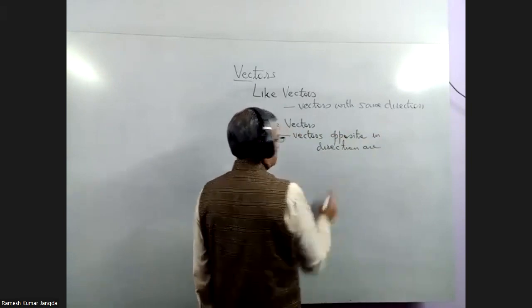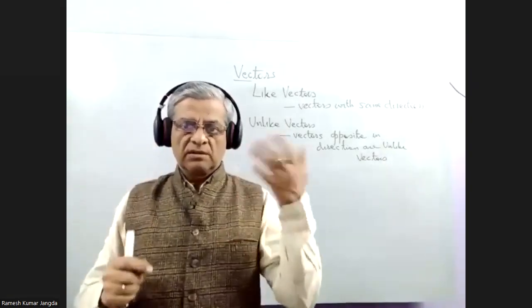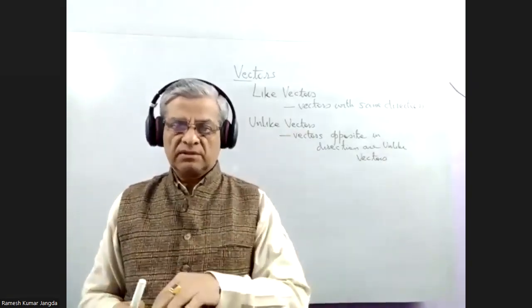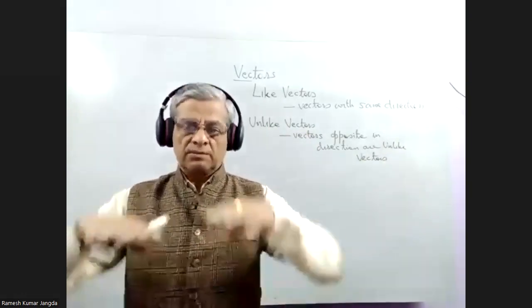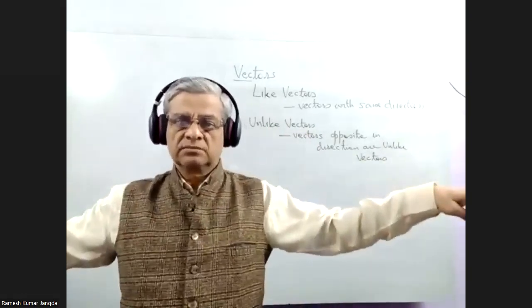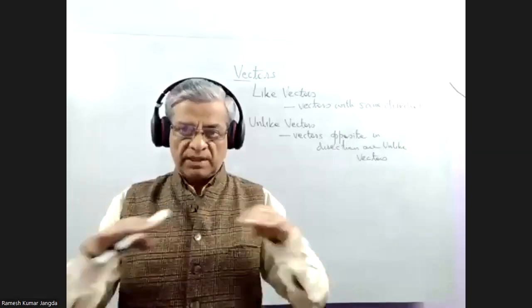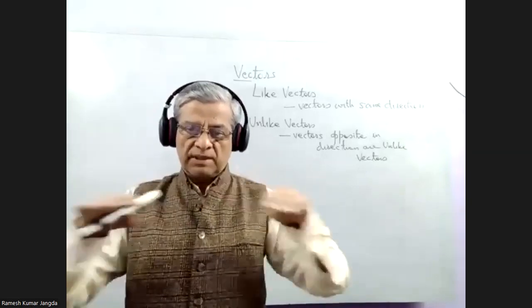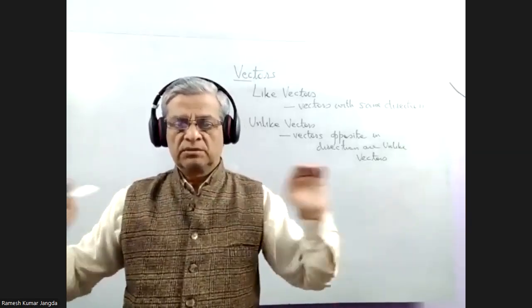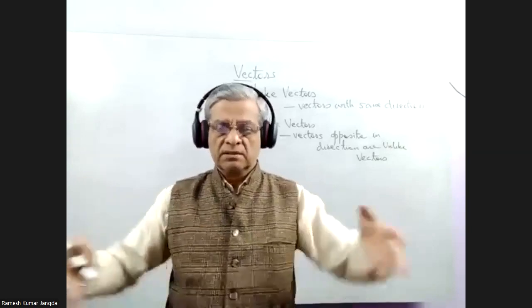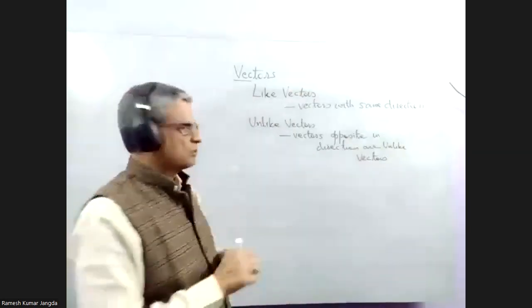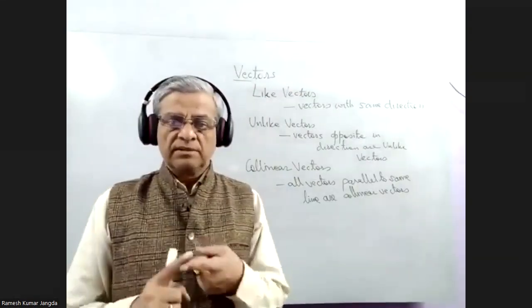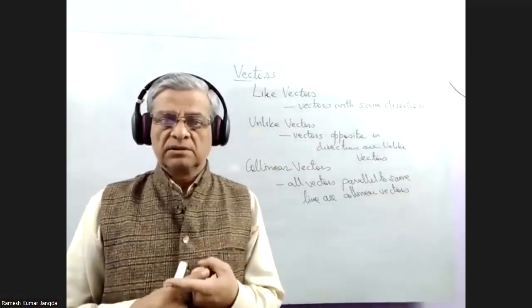All vectors which are either like or unlike are all parallel to the same line. Because they all are parallel to the same line, they are collectively called collinear vectors. So like, unlike, collinear, these three go together.